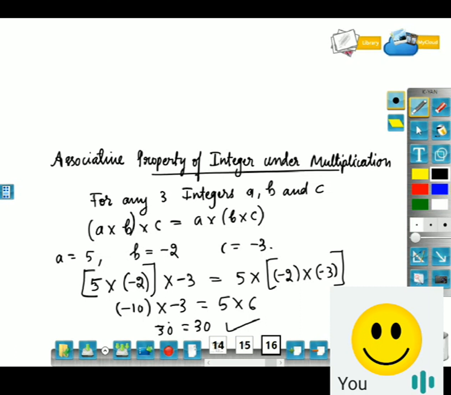Does anyone have any doubt regarding this property? Please check it. Please write your comments in the comment section. Somebody is asking what is this? The square bracket.